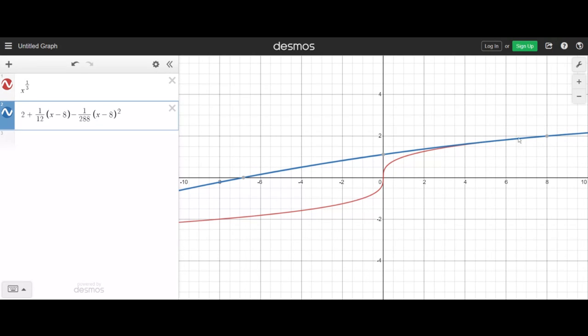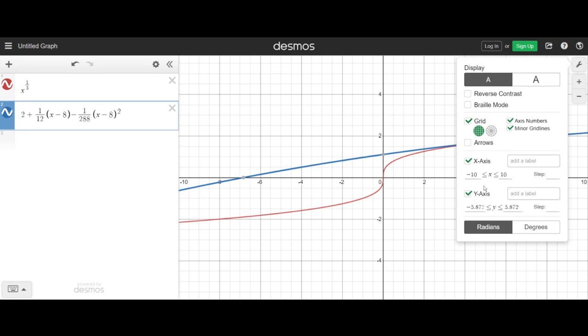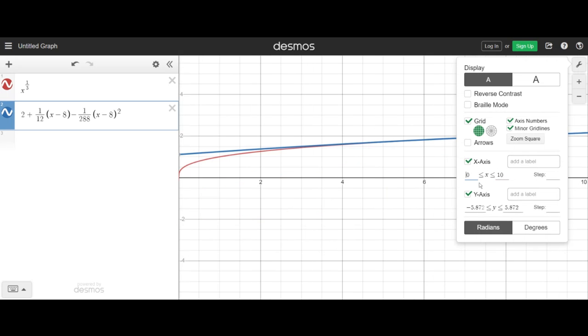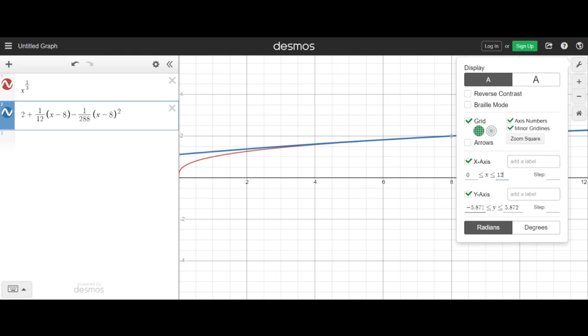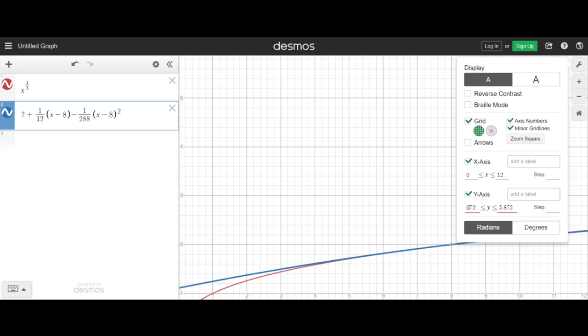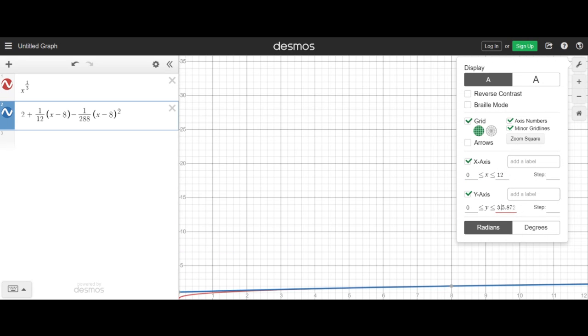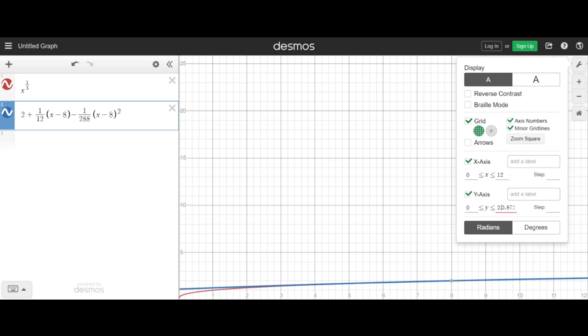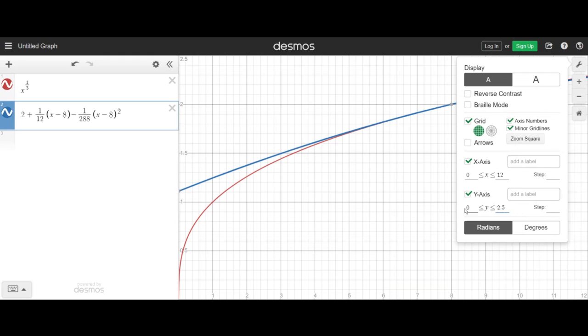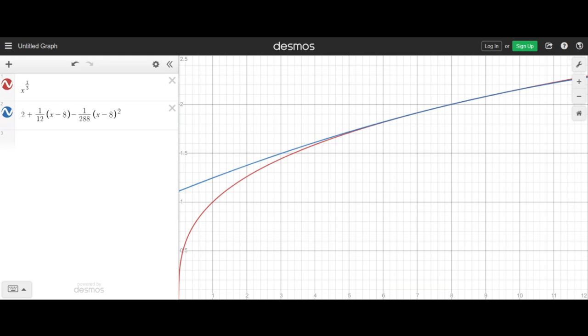So I'm going to go up here to my little wrench and change my axis a little bit. I tend to like to include the origin in my graphs, so I'll go from 0 to 12. And then the y-axis, I'll go from maybe 0 to 2.5. Hold on here. One moment.